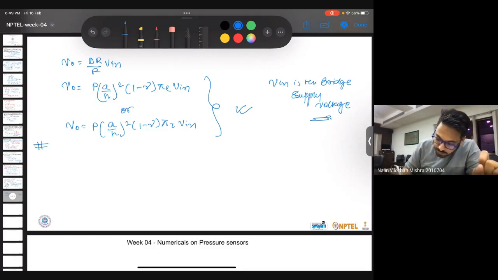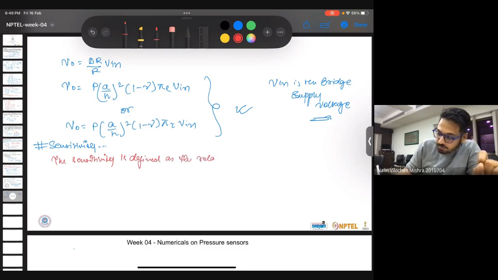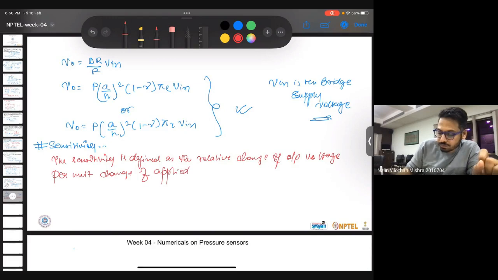One more thing, we have sensitivity. So the sensitivity is defined as the relative change of output voltage per unit change of applied pressure, something like this.